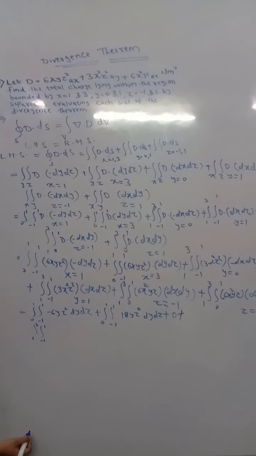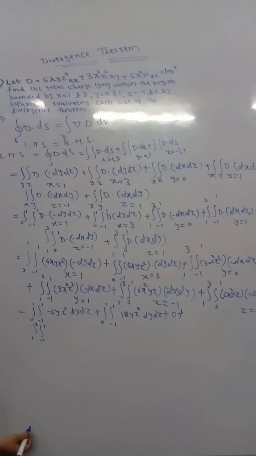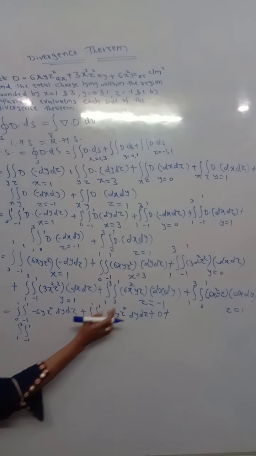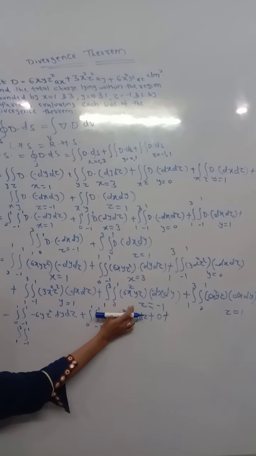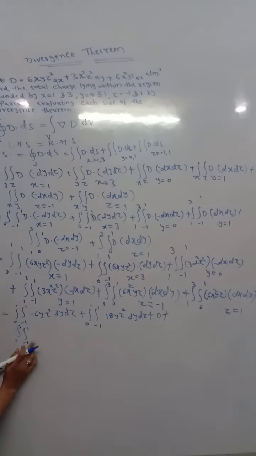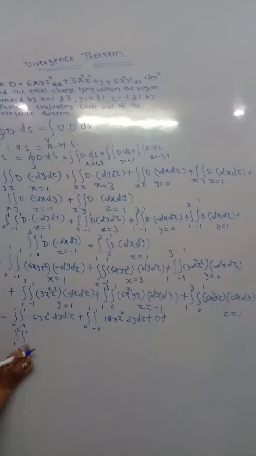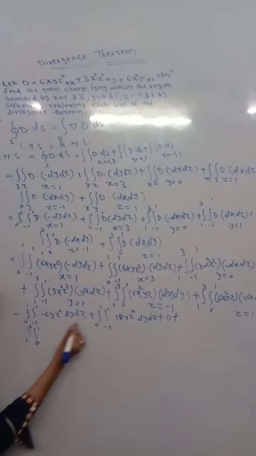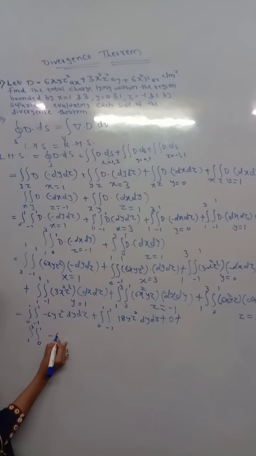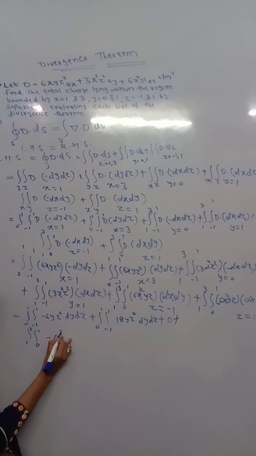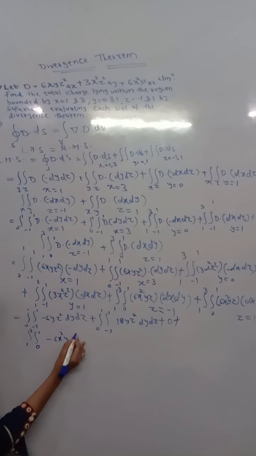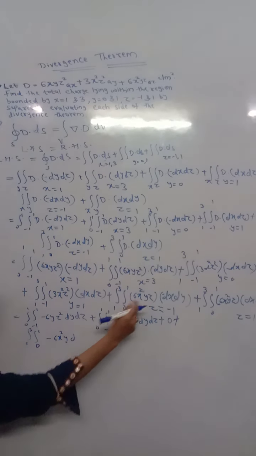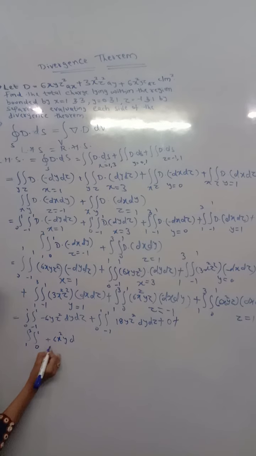Go for the last, that is nothing but 6x square yz. Come to the point, where is my 6? Here. So here you can substitute the value of z as minus 1. So limits are 1 to 3 and 0 to 1. Z is minus 1 means minus 6x square y, z value I have substituted, and this minus will become a plus.